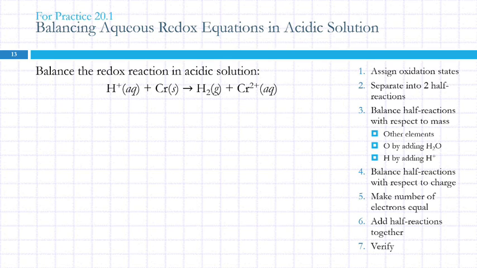All right, let's do this one. Separate into half reactions. Just take the first element and give it an arrow, and then, which of the products is the closest to that, is the most similar? Well, it's the H2.